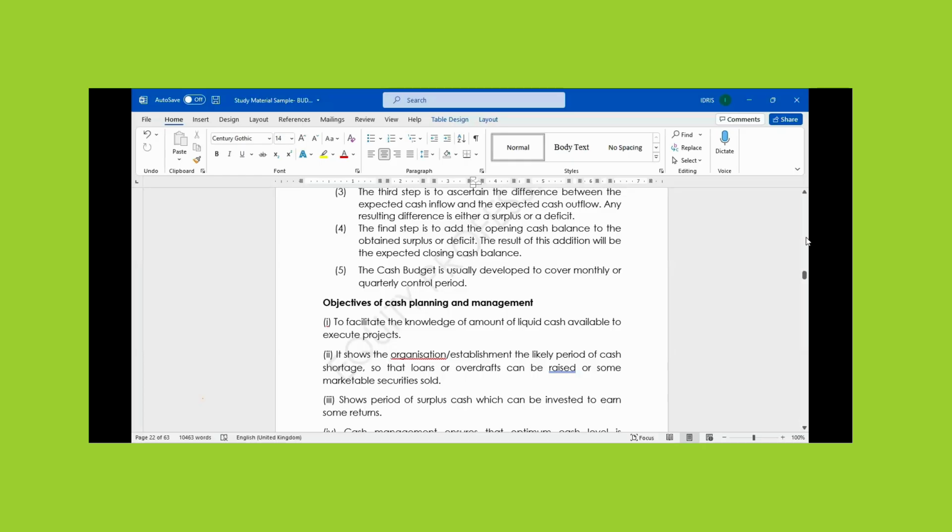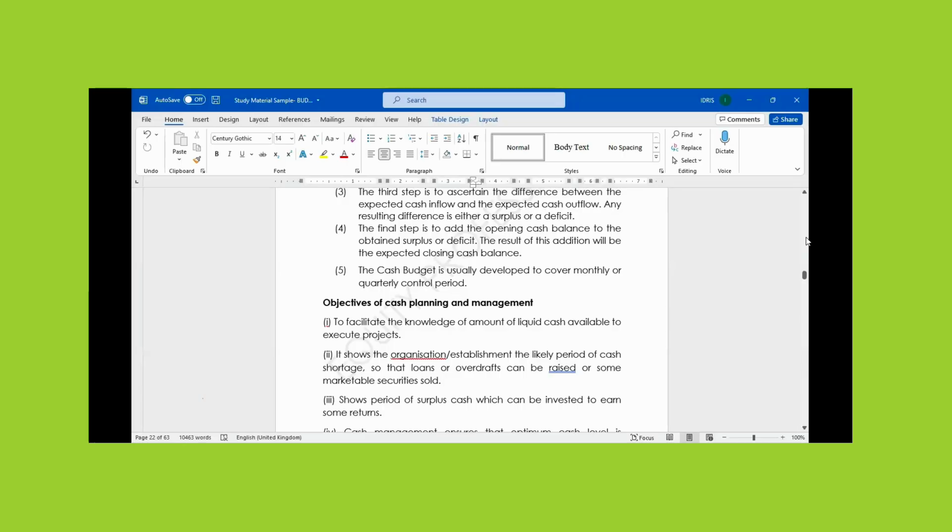Number one objective is to facilitate knowledge of the amount of liquid cash available to execute projects.